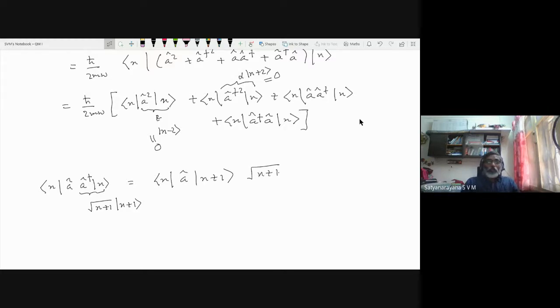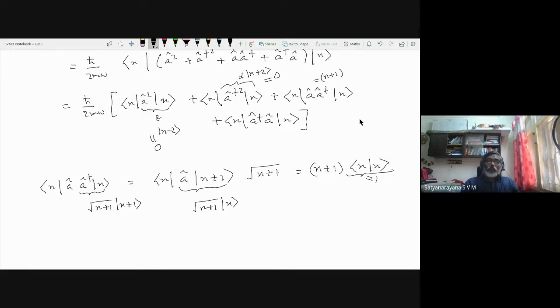But what is a acting on this one? a acting on |n+1⟩ is √(n+1)|n⟩. So now I get (n+1) into ⟨n|n⟩. Now this is equal to 1. So this part is equal to 1, and therefore this term gives you n+1.